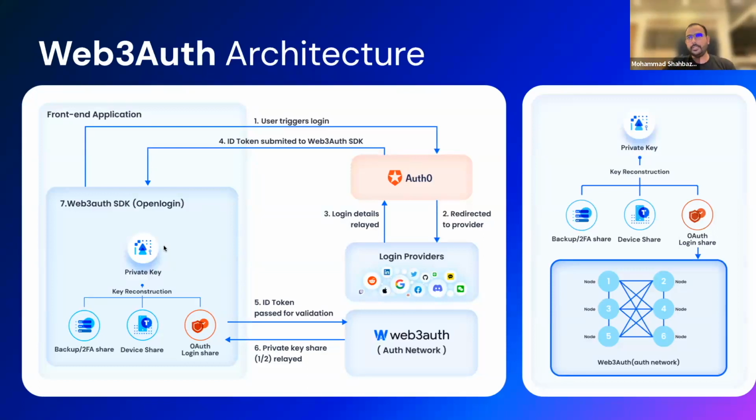This is the overall gist of what we do, showing how the OAuth share is split into multiple nodes, and we need 5 out of those nodes. I don't want to give much architectural explanation here. We have extensive docs that explain what we do at the key infrastructure level.